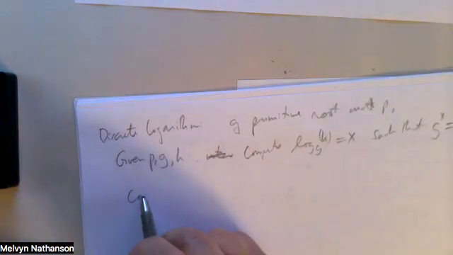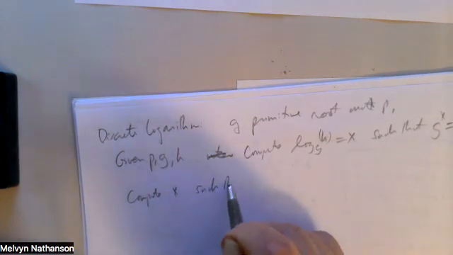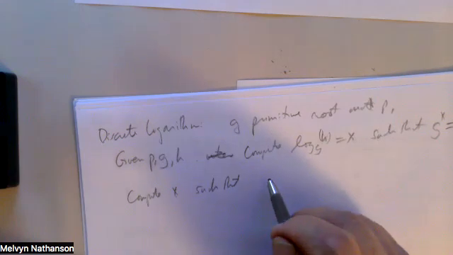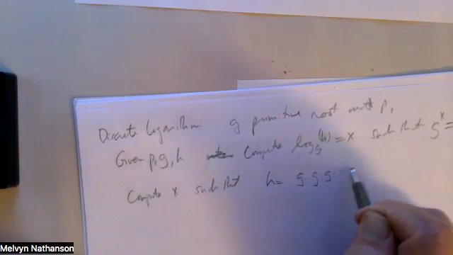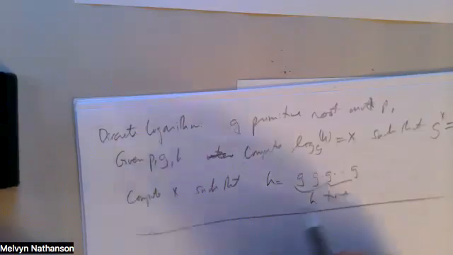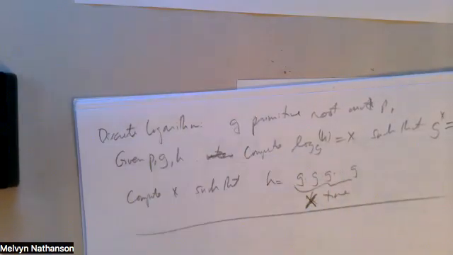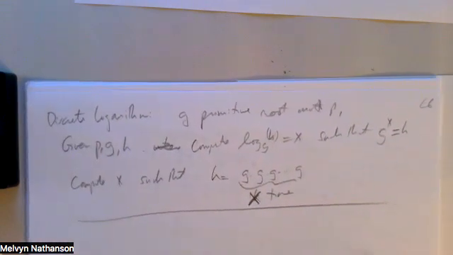Another way to state this is: compute X such that H equals G times G times G, X times. That's the discrete logarithm problem that was the basis for a number of our cryptographic methods.